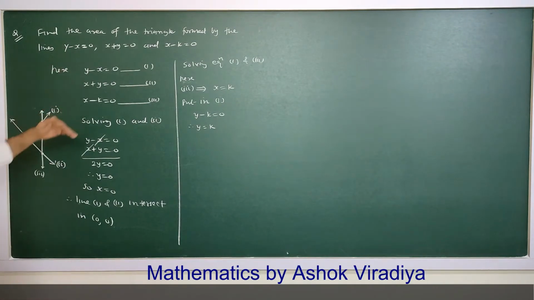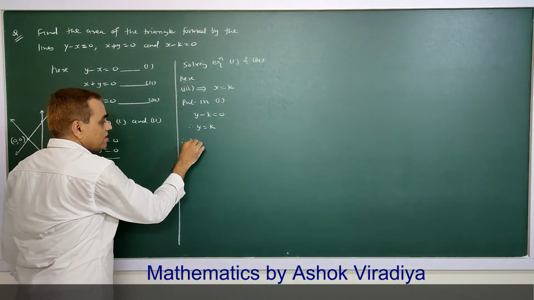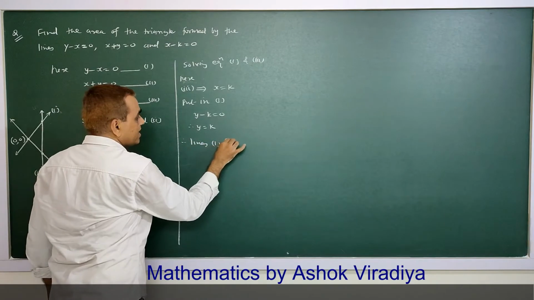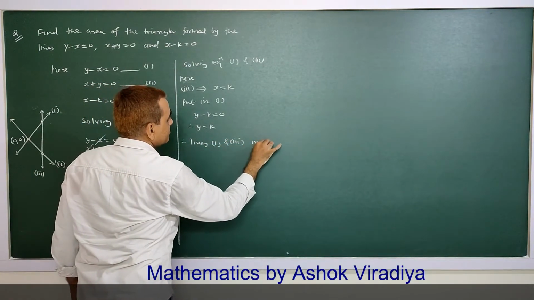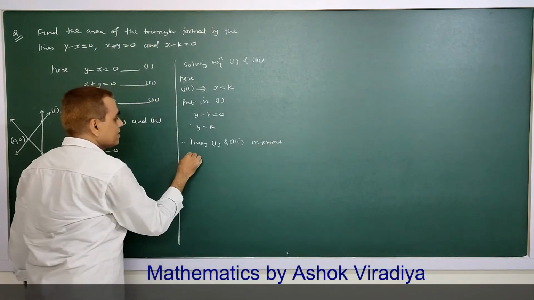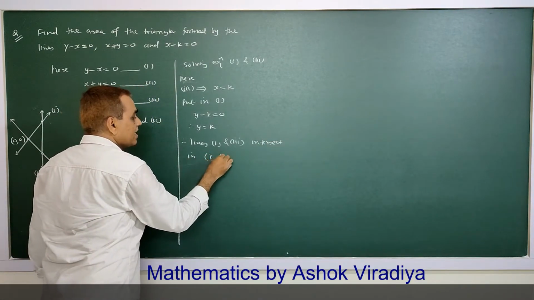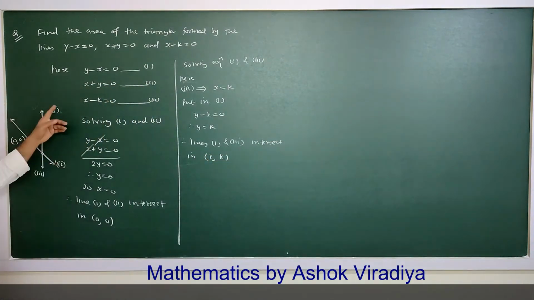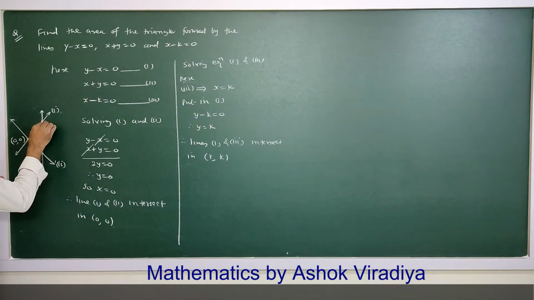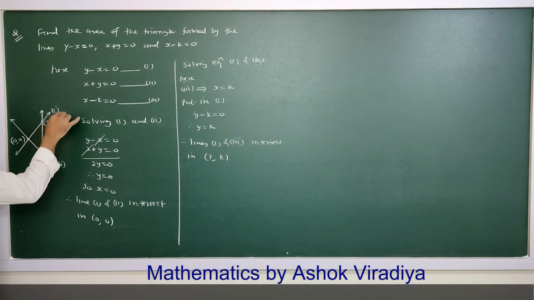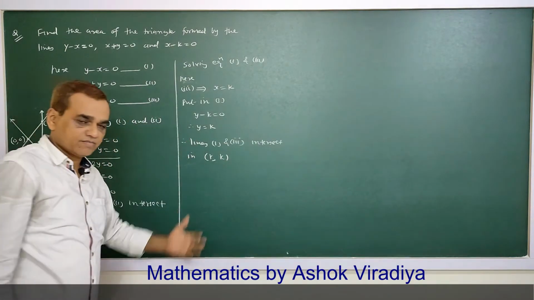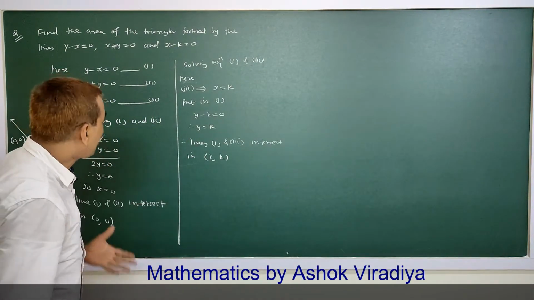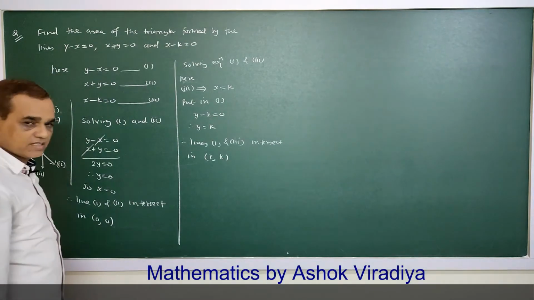Therefore lines 1 and 3 intersect in (k, k). This is a diagram to understand the method. Now we solve equations 2 and 3.